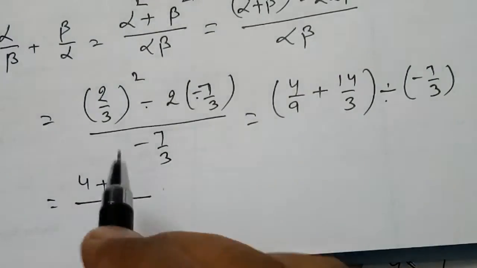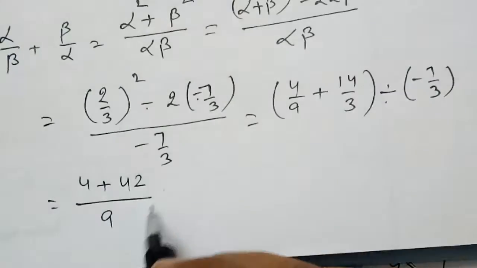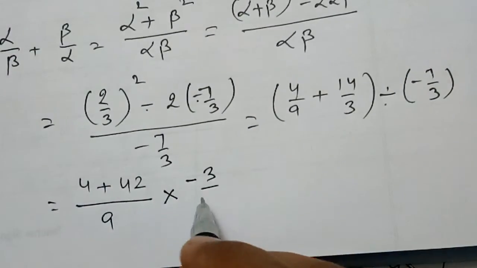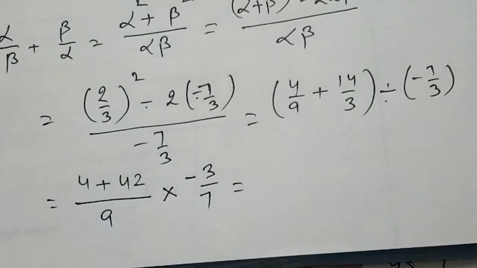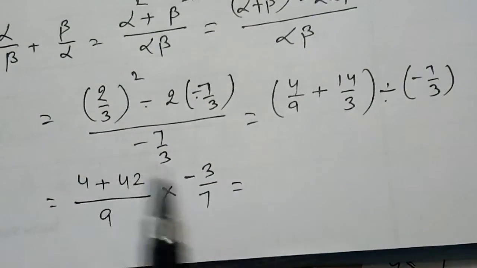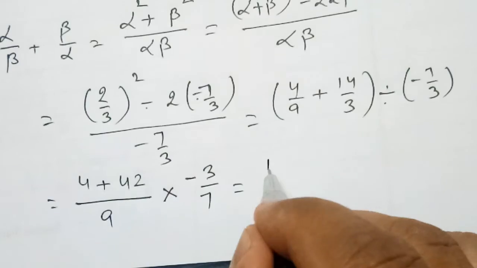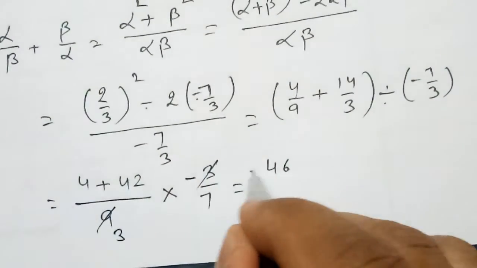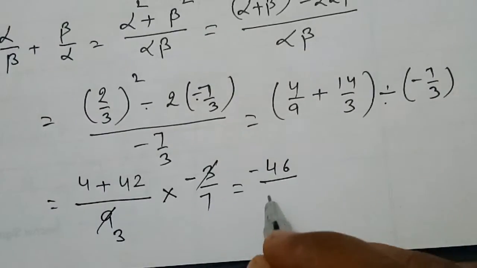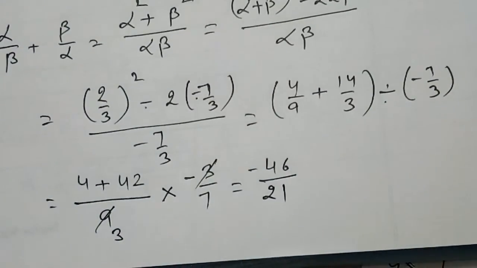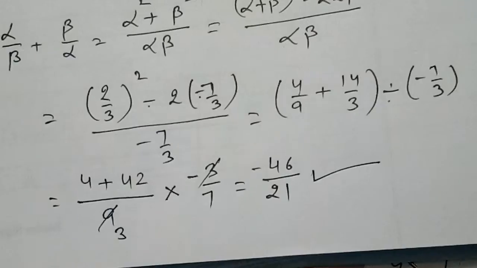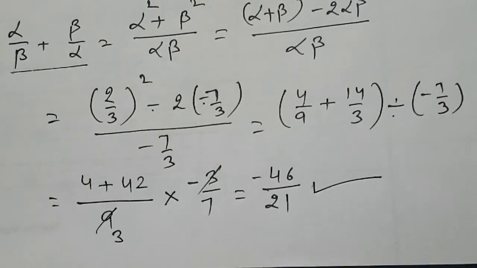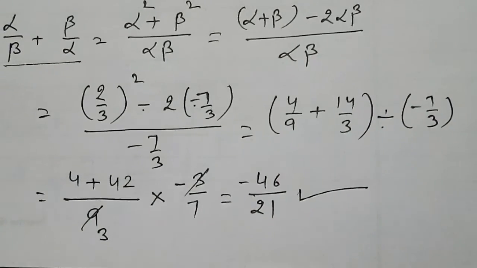So 14 threes are 42. And this we will change into multiplication, by minus 3 by 7. So now here we will get 46, and 3 cancels, this 9 becomes 3. So minus 46 over 21. So this is the value of alpha upon beta plus beta upon alpha. So these are the answers. Thank you.